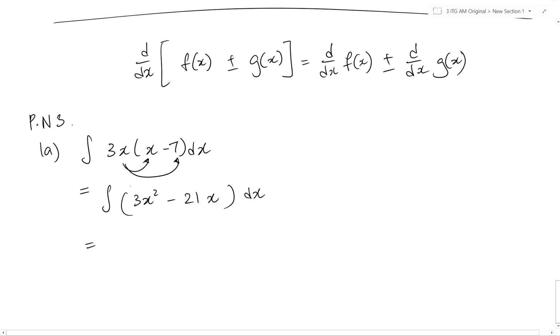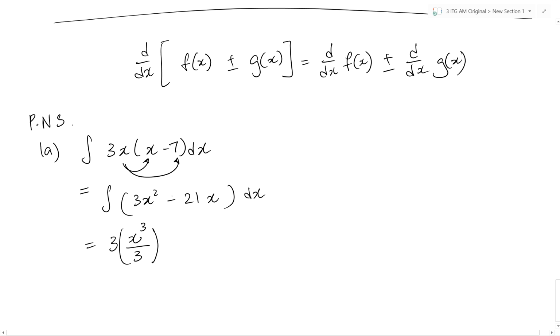So now we can integrate each of the terms by itself. Without going through all the hassle of bringing the power out and writing integrating x squared and so on, let's do it all in one go. So we copy down the coefficient, write down the x, increase the power by 1, so 2 plus 1 will be 3, divide this by the new power, how convenient, they will cancel off.